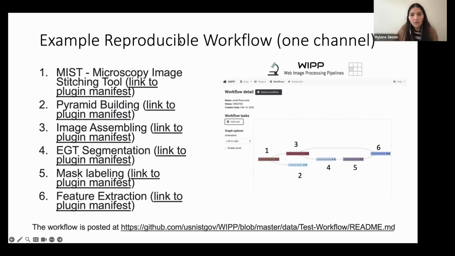So on our GitHub, us.nist.gov/WIPP, we have a few tutorials with some test workflows. A workflow really similar to the first one I showed is described as part of these README files.